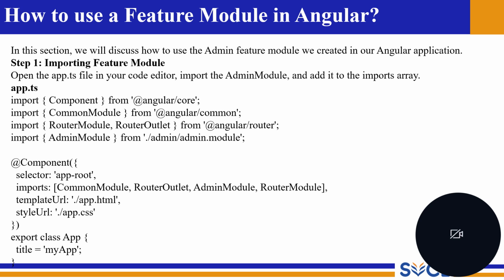Once you create a feature module, then we see how to use a feature module in Angular. In step 1, we have to import the feature module. So open the app.module.ts file in your code editor, then import the admin module and add it to the imports array.